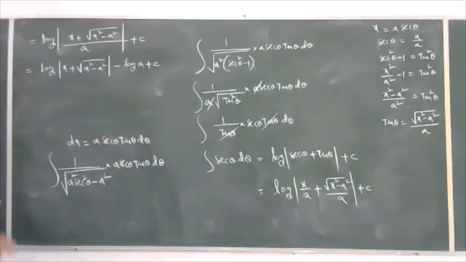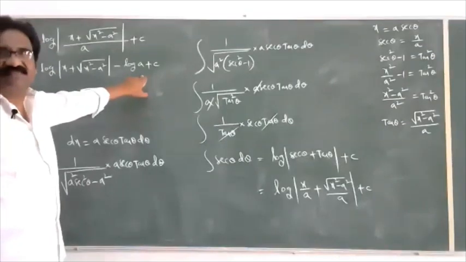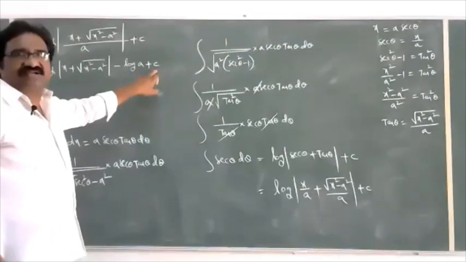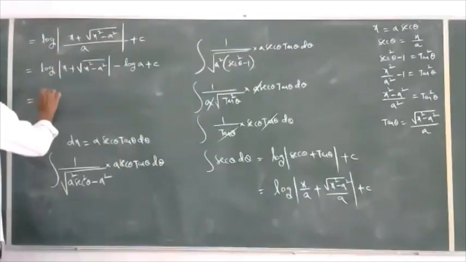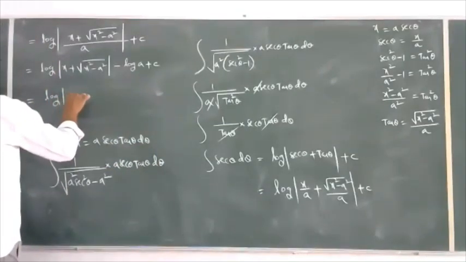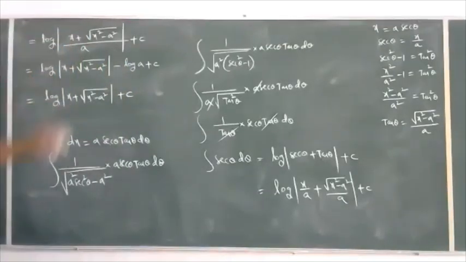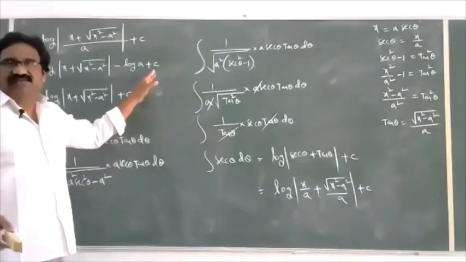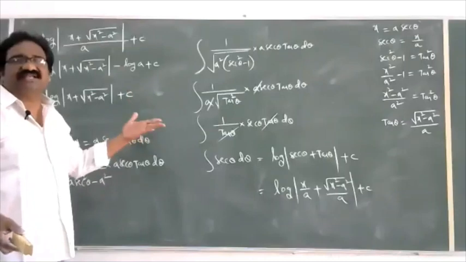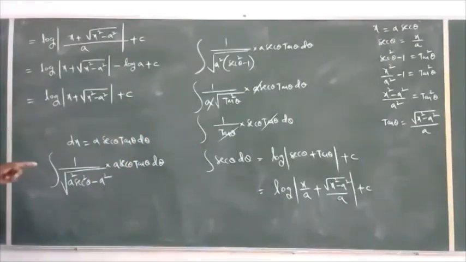This is log a to the base e, which is a constant. This is also a constant. Constant plus constant is again a constant. So you write like this: log mod x plus root of x square minus a square plus c. That's enough. Minus log a is also constant, and plus c is a constant. In total you write a single constant, plus c. This is the formula for integral 1 by root of x square minus a square dx.